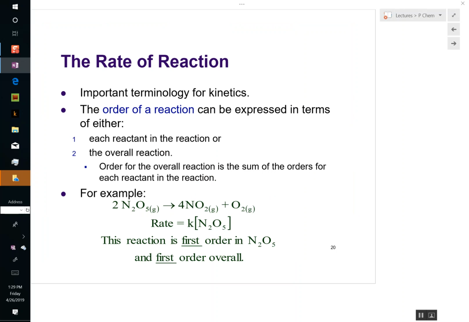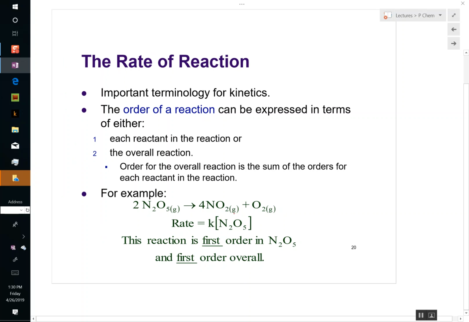Important terminology. The order of reaction can be expressed in terms of either reactant, or the overall reaction. You have to say what you're talking about. And so here's N2O5 decomposing into NO2 and oxygen. The rate is the rate constant times the concentration of N2O5 to the first power.